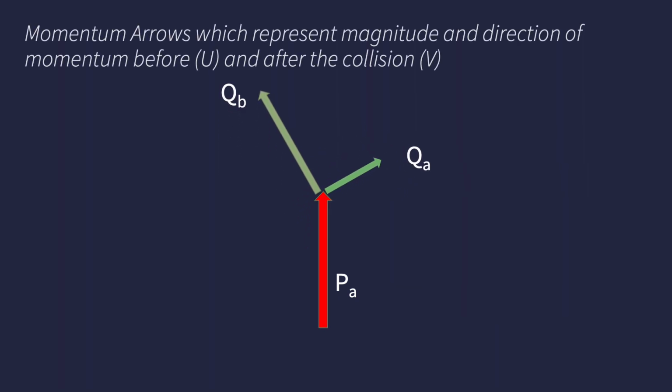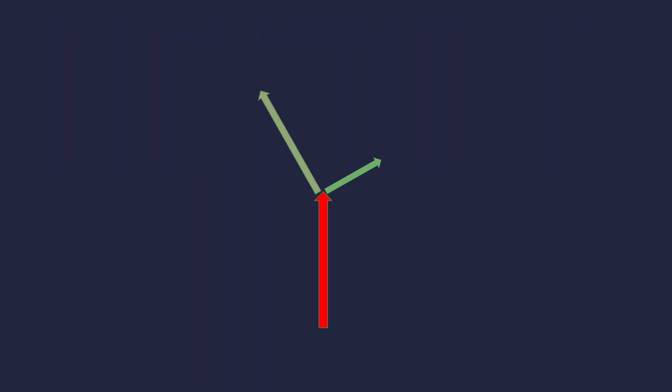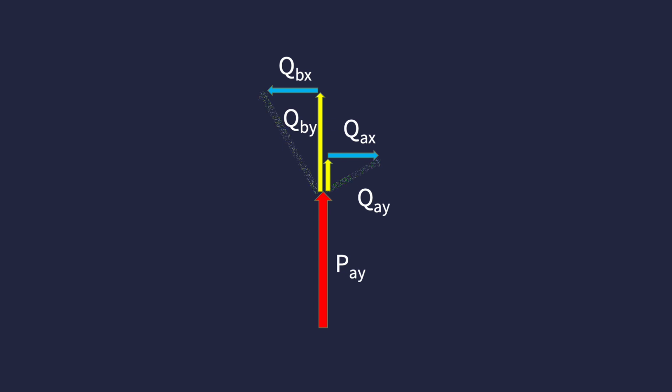Now we're going to look at a different method. What I'm going to do is take my final momentums and break them into y and x components. We can see them here. The y components, that's going in the direction up and down, are in yellow, and the x components, or left and right, are in blue.